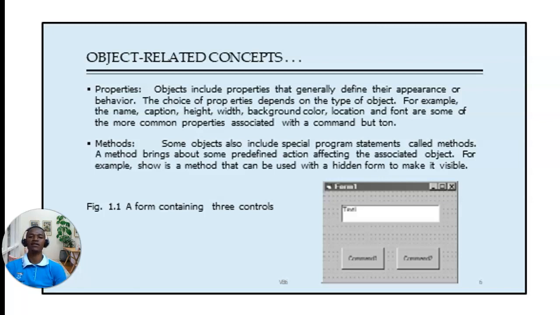What triggers an action that will affect a control that is associated with an object. As you can see, we have a form which has 3 controls. It has a text box and 2 command buttons.